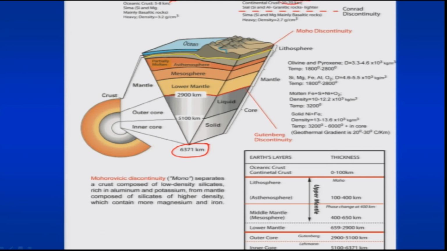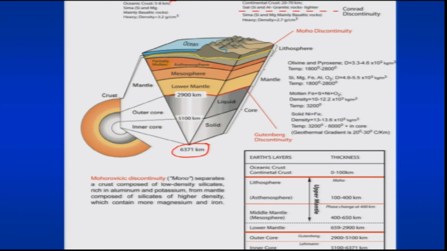Another very important characteristic to remember is that the oceanic crusts are heavier, with a density of around 3.2 g, whereas the continental crusts are comparatively lighter, around 2.7.